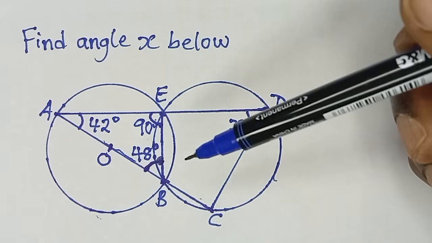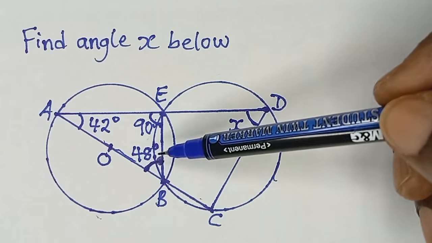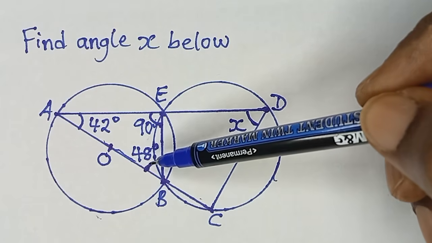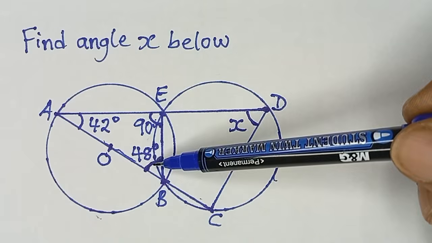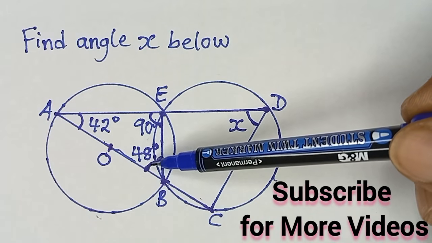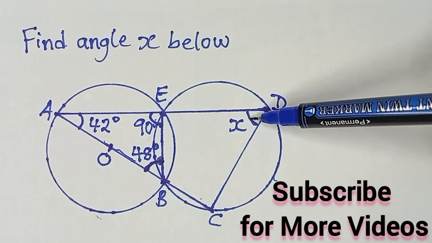So the theorem we just need to apply here directly is to say that the exterior angle of a cyclic quadrilateral, that is this angle 48 now, is equal to the opposite interior angle.